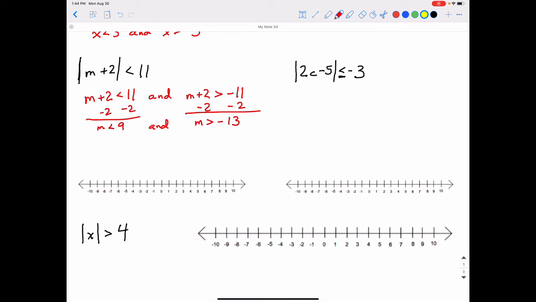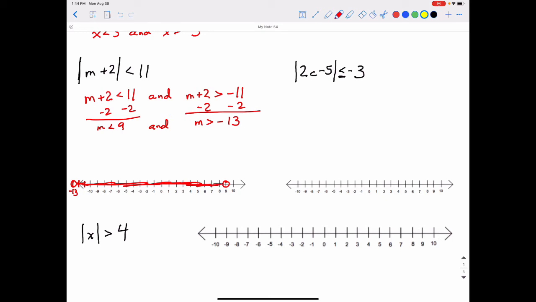So I'll put an open circle on the 9, and then I'll put an open circle on negative 13, which my number line isn't big enough, so I'll just make a couple of extra marks here. So negative 11, negative 12, negative 13. Put an open circle on that. And then, being an and inequality, I'm going to shade in between.